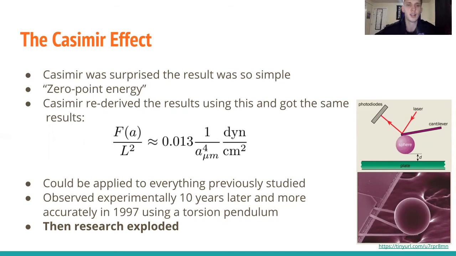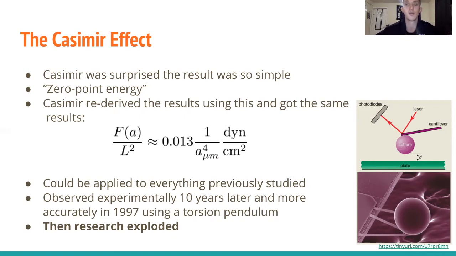So Casimir thought about this, and he wanted to rederive his results using this zero-point energy. Basically, what the zero-point energy is: a vacuum, known classically as being empty, in quantum mechanics is actually filled with all these fluctuating EM waves. And using quantum field theory, there are all these virtual photons that pop in and out of existence.